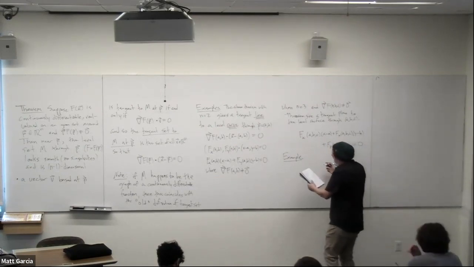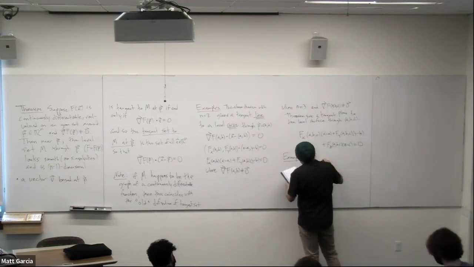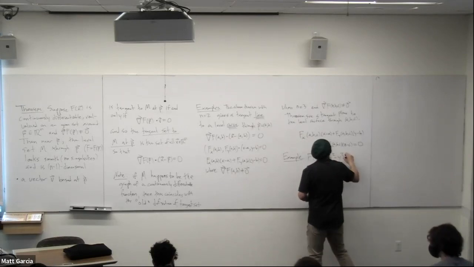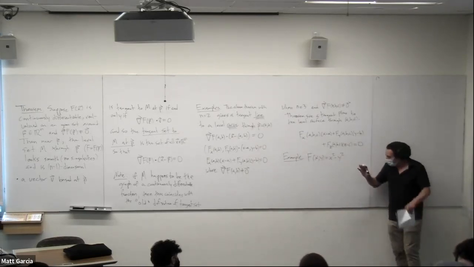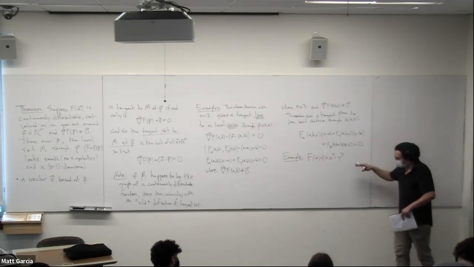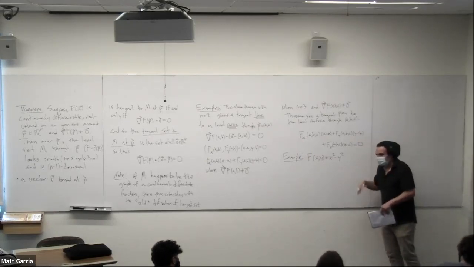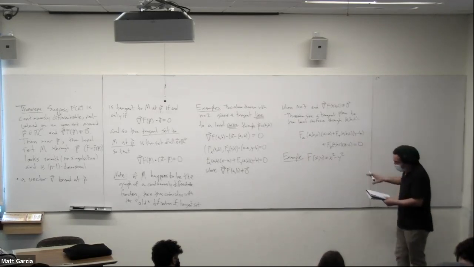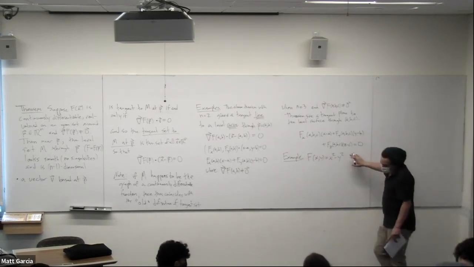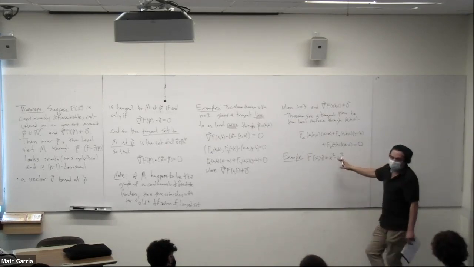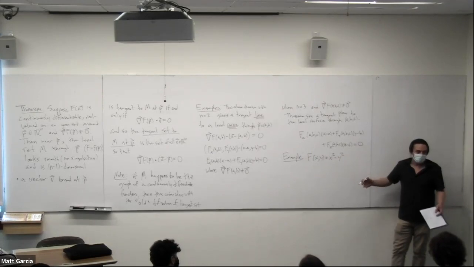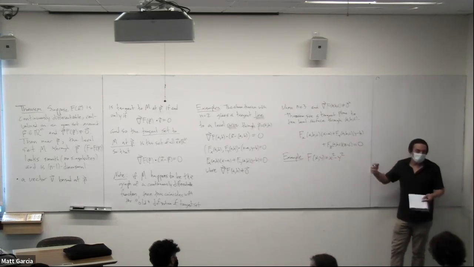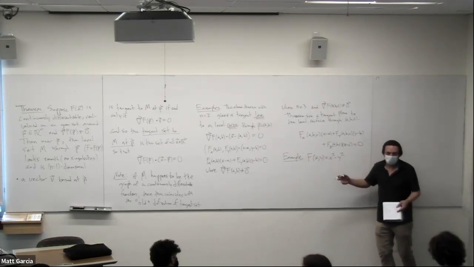We're going to return to this example quite often, and we're going to study this function a few more times throughout this term. First of all, this is continuously differentiable. It's a polynomial. You can take its derivative infinitely many times. That means its derivative is differentiable, therefore definitely continuous.